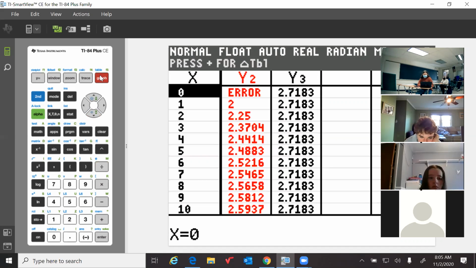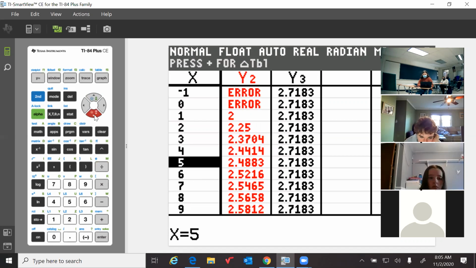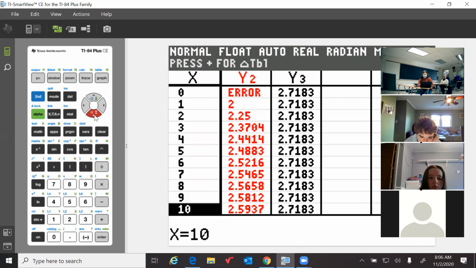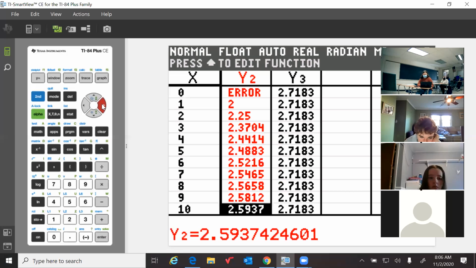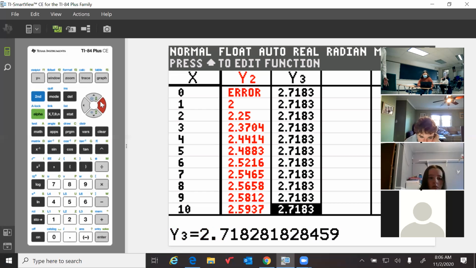Now this is the truncated version of e. That's just what fits in here. And there's e to more decimal points. And you see that as x goes up, that red value is getting closer and closer to the black one.